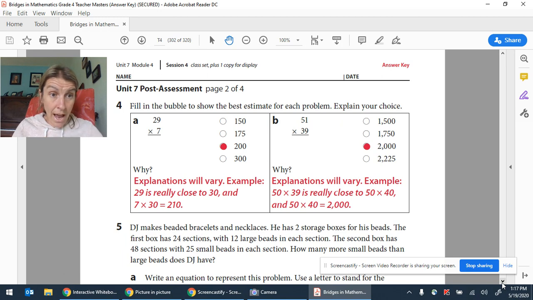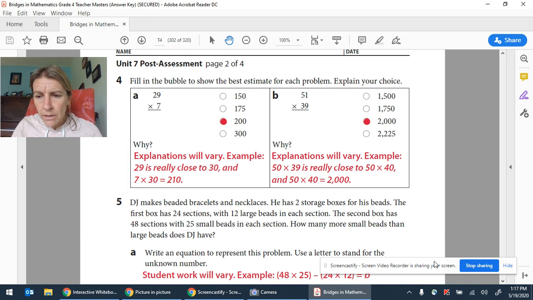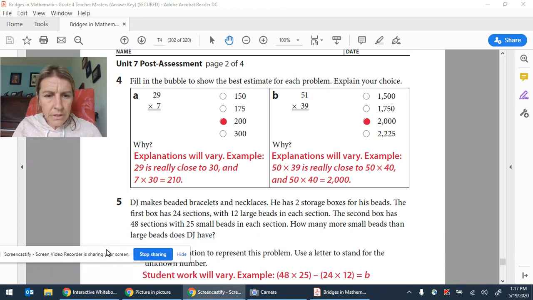Okay, so let's look at 5A. Here's an excellent formula. But here is really ultimately what you're doing to figure out how many. Is this large beads? No, these are the large beads.